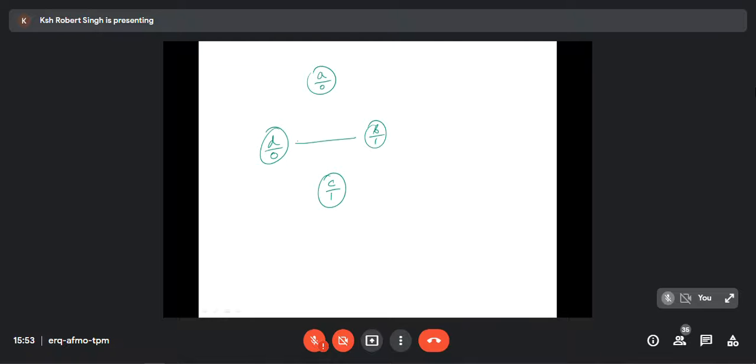And it goes from B to D when input is 0. It goes from here to here when input is 0. It goes from here to here. Input is 0. It goes from here to itself. Input is 1.